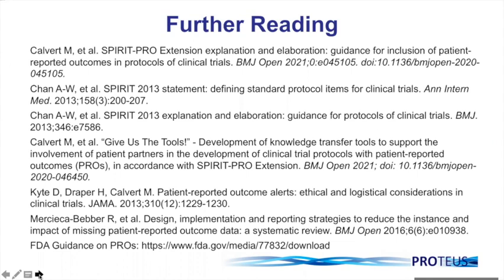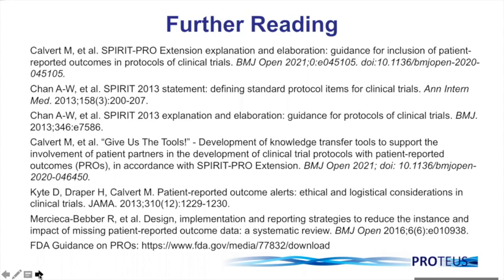The fifth paper provides greater detail on patient-reported outcome alerts, and the sixth paper provides a comprehensive set of strategies to reduce the instance and impact of missing PRO data.